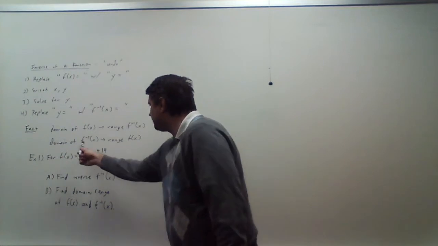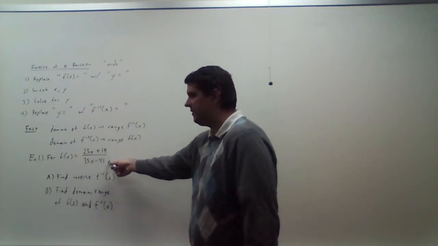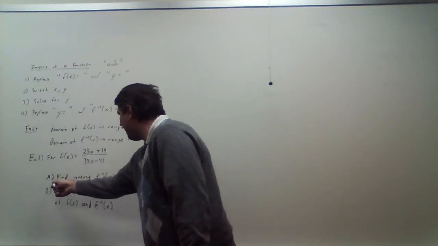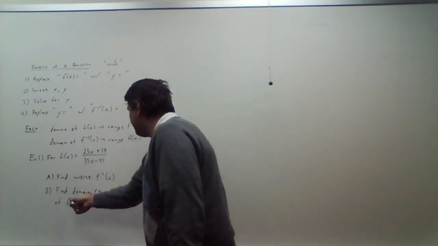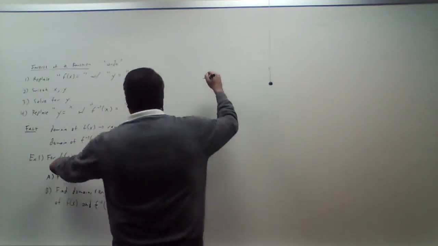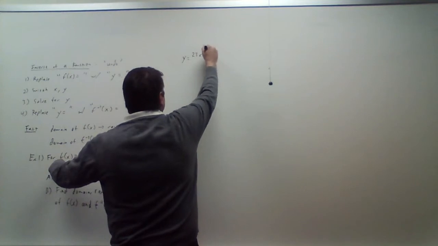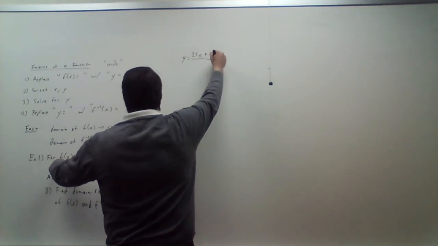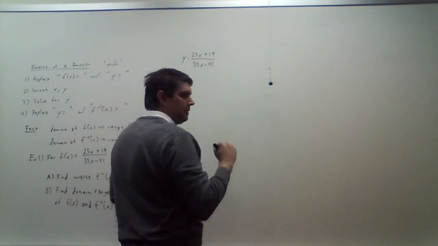So we're going to start with this example. f of x equals (23x plus 19) over (35x minus 41). We're going to find f inverse of x and the domain and range of both. So here goes. I'll start by making this y equals (23x plus 19) over (35x minus 41).